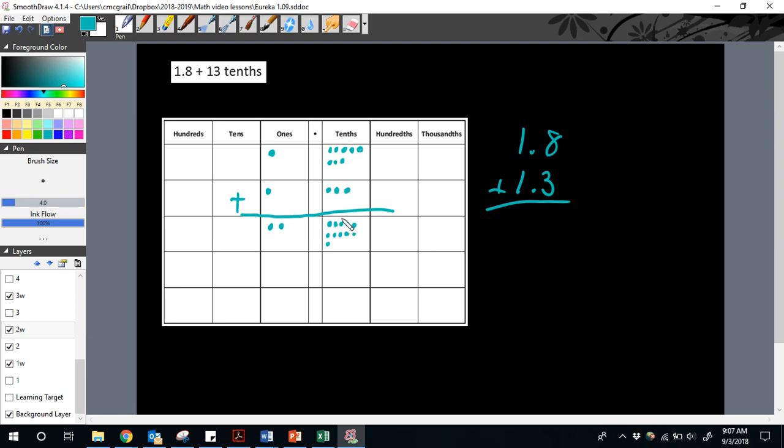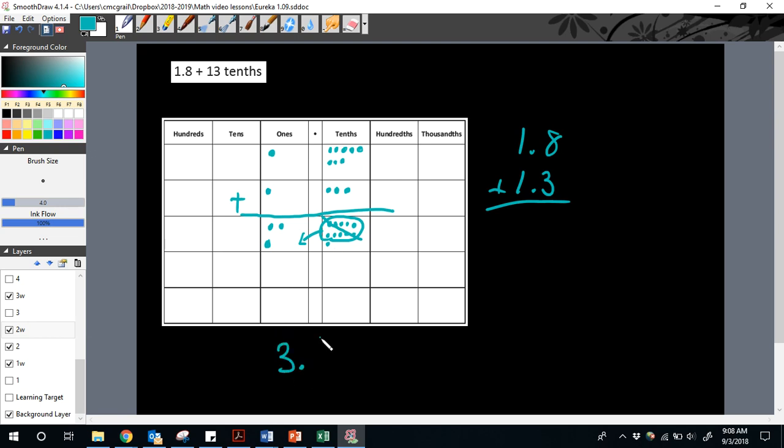But I notice that I have a problem. I have more than 10 in this place value. So what I have to do is I need to bundle 10 of them and move them over into 1. So I will take these 10 and these 10 come here and become 1. And I no longer need those. So instead, I actually have 3 ones and 1 tenth.